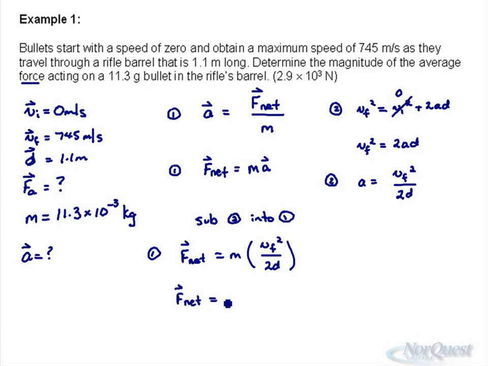If you put your numbers in, F net equals the mass, 11.3 times 10 to the negative 3 kilograms, and we're going to multiply it by, and this is just one big calculator punching in now, 745 meters per second squared over 2 times 1.1 meters.